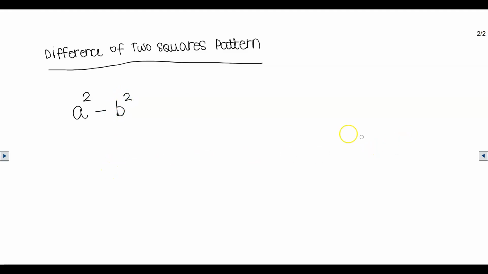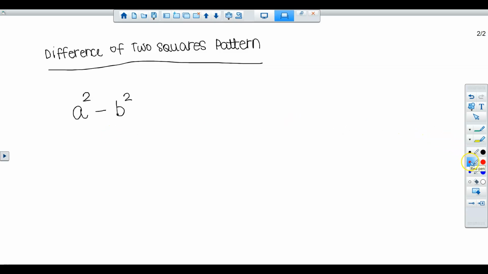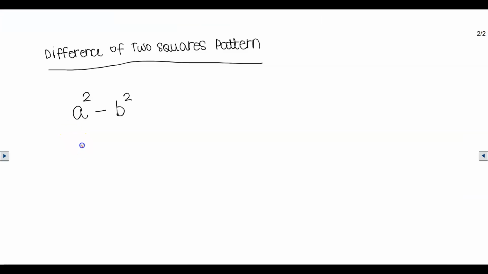Now let's take a moment to check the 3 criteria for this problem. First of all, does it have 2 terms? Is it a binomial? Yes. Here's term 1, here's term 2. Does it have subtraction? Yes, right here in the middle. And then are these perfect squares? In other words, is each of these terms the result of multiplying something times itself?